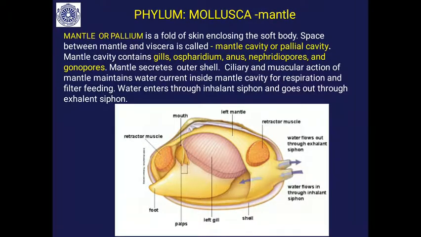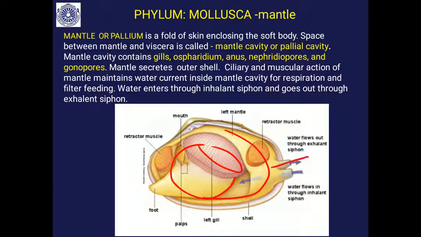So, what is mantle? Mantle, or else called pallium, is a fold of skin enclosing the viscera. The space between the mantle and viscera is called mantle cavity or pallial cavity. Mantle cavity contains gills and also the anus.